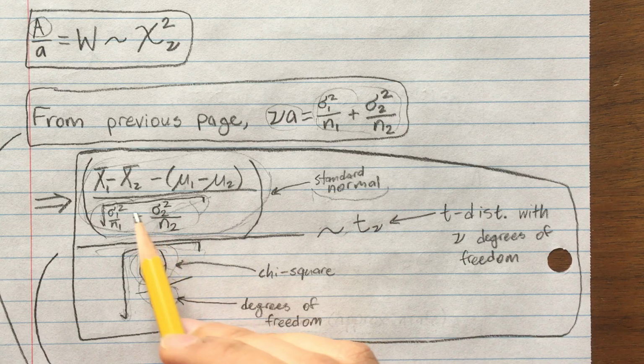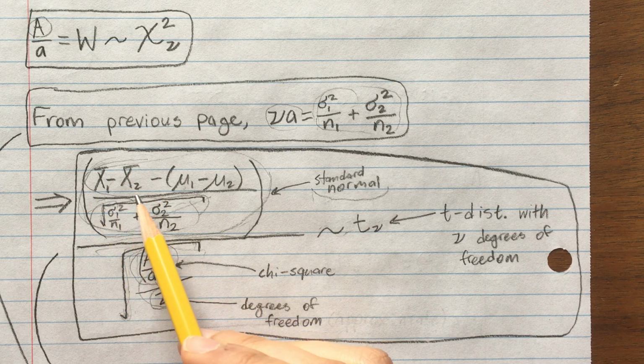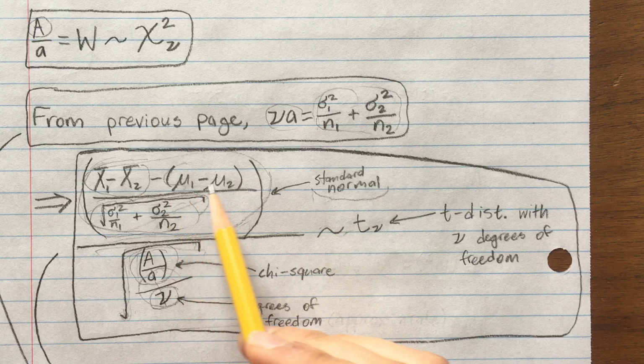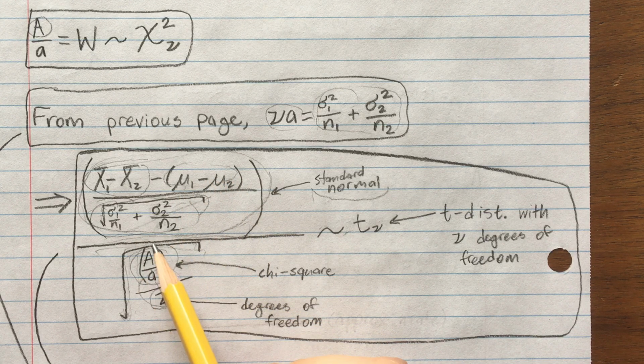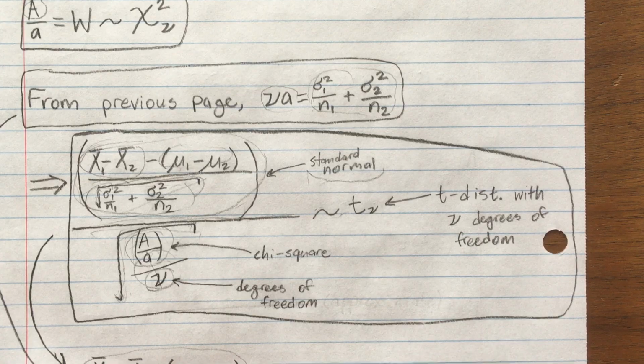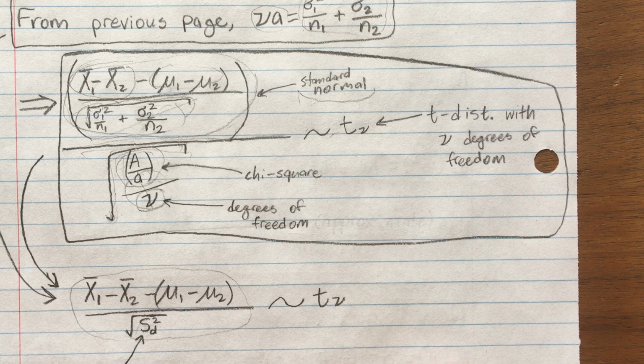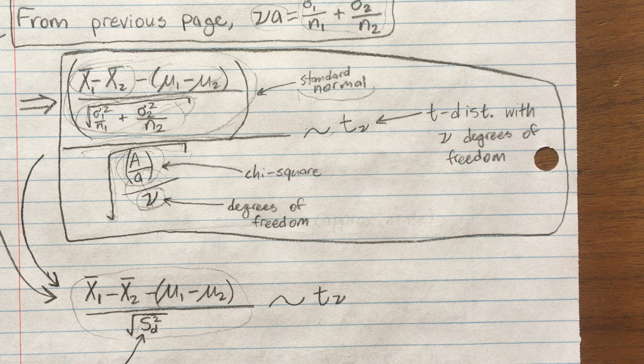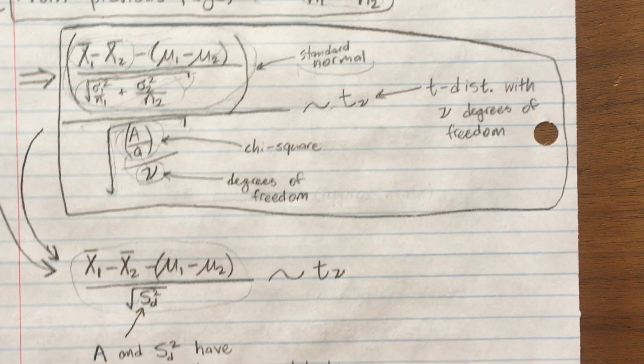And we're just left with the difference of the sample means minus the difference of the population means divided by the square root of big A. And now we can recall that the whole process of what we just did was to fit SD squared to be approximately the same distribution as A. So now we just replace A with SD squared, and we still have a t distribution with V degrees of freedom.